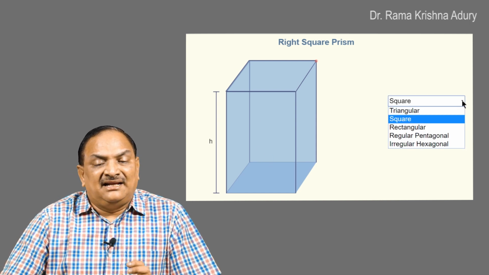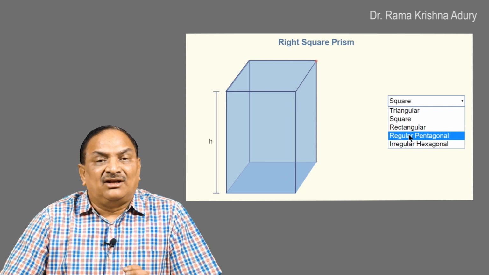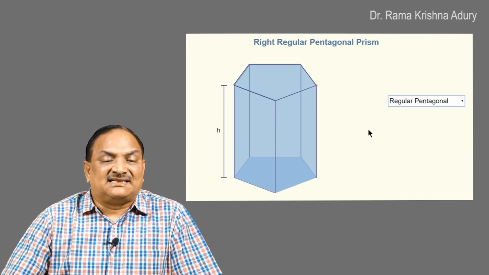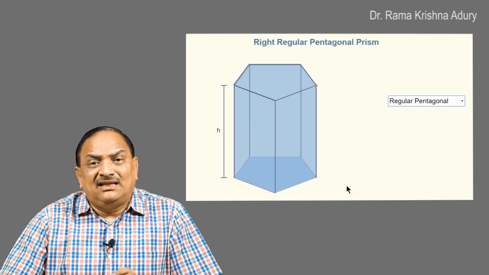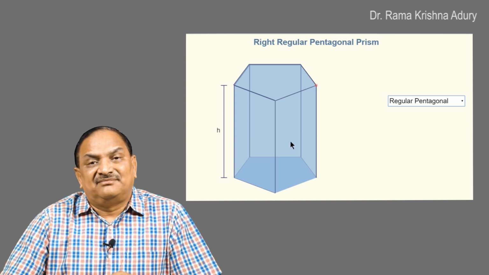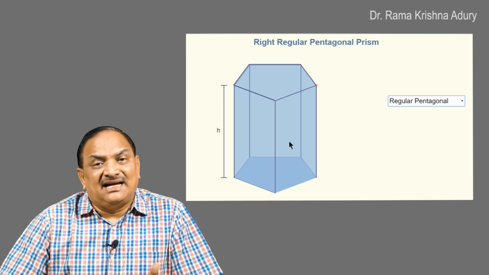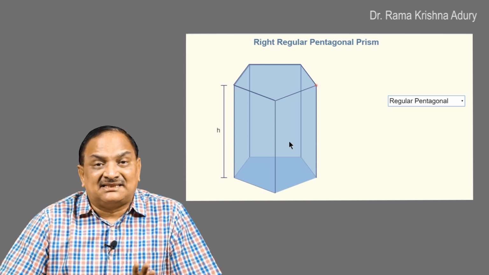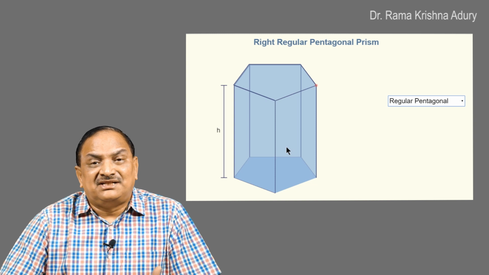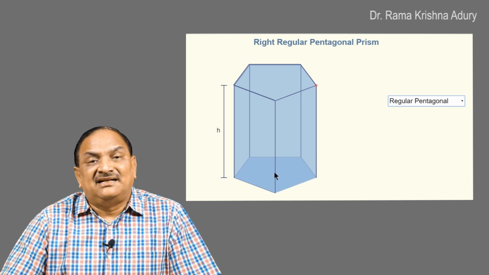Let me take another prism. Okay, it's a regular pentagonal prism. Let us understand. So if you want the lateral surface area, the simple formula you have is perimeter of the base times height, PH. It works here also. But how do you determine the total surface area? You must add the area of this pentagon on the top and this pentagon at the bottom.